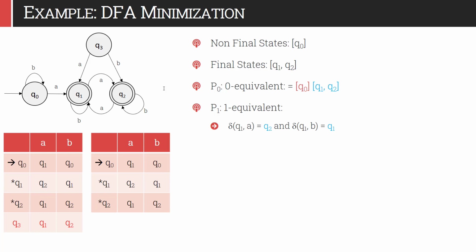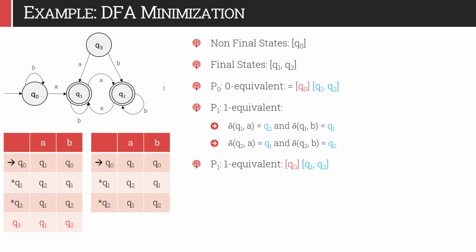If there are multiple states, they might be identical or equivalent. So we will make a test for Q1 and Q2 to check whether they are the same or equivalent or not. When we read A and B from Q1 and Q2, during computation of P1, we remain in the same set of P0, and that's why Q1 and Q2 are considered equivalent or redundant states.